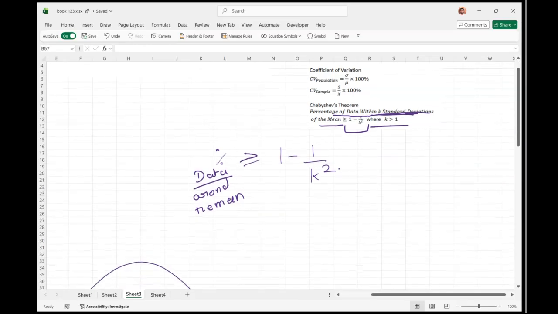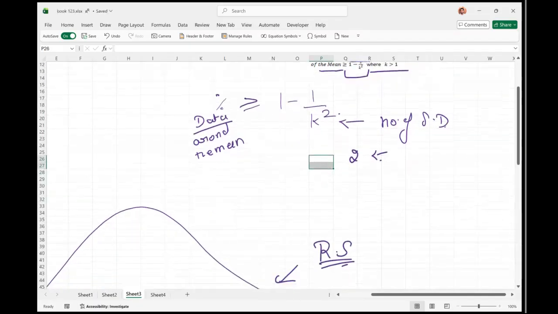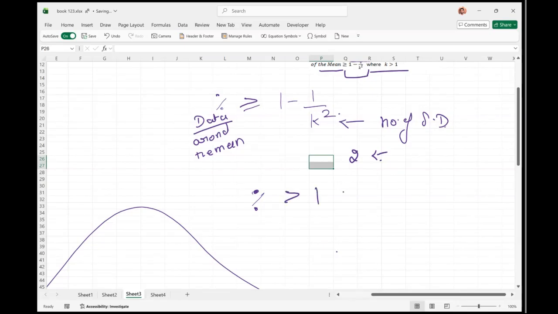First of all, k is the number of standard deviations. For example, if the number of standard deviations is 2, what percent of the data lies within 2 standard deviations if the data is not normally distributed? So the percentage of data within two standard deviations should be greater than or equal to 1 minus 1 upon 2 square.